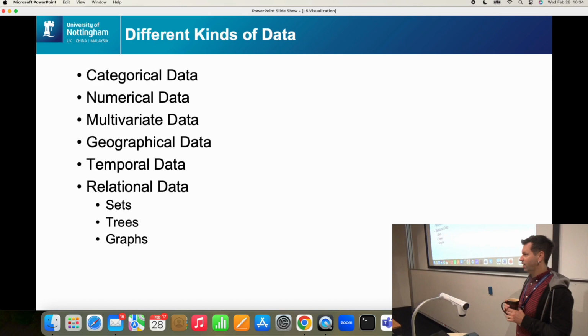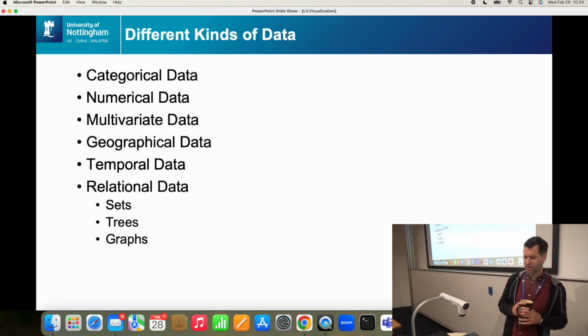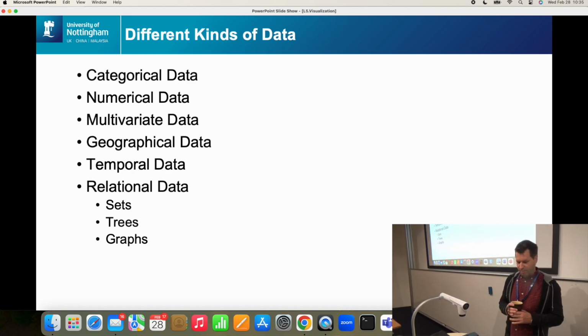Geographical data, right? That's data that's associated with a map or geospace, like we saw with the Minard's depiction of Napoleon's march to Moscow. Temporal data, right? Data associated with time or that changes over time. And then we have relational data.